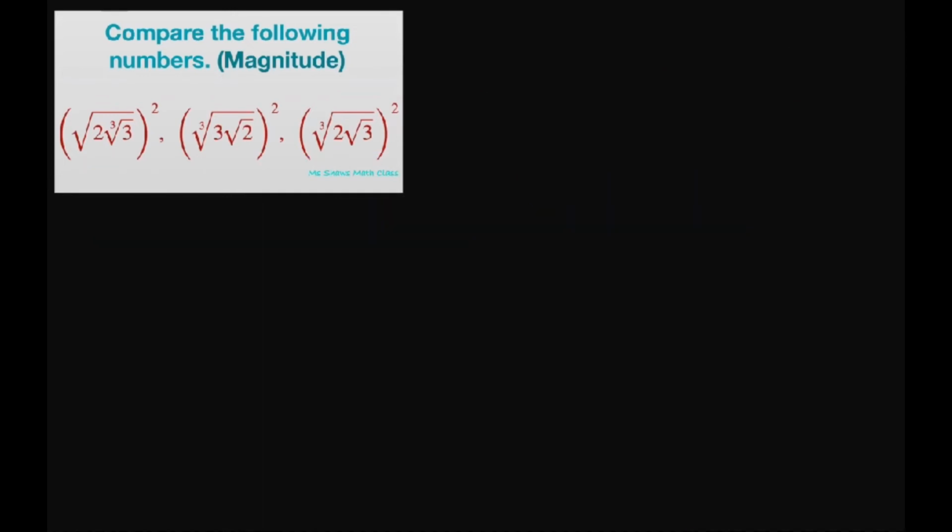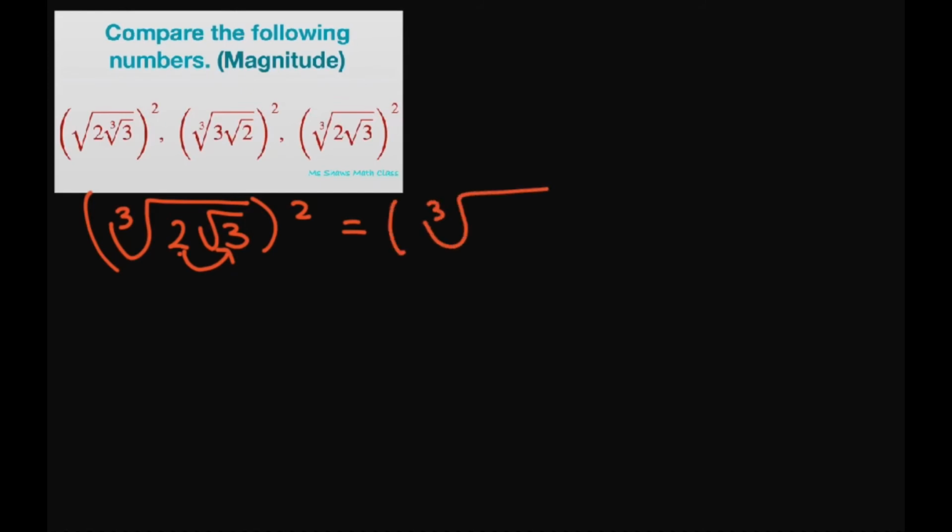For that one, we get the cube root of 2 square root of 3, all squared. If I pull this in here, I can make that 4. So I can write this as the cube root of the square root of 2 squared, which is 4, times 3 squared.